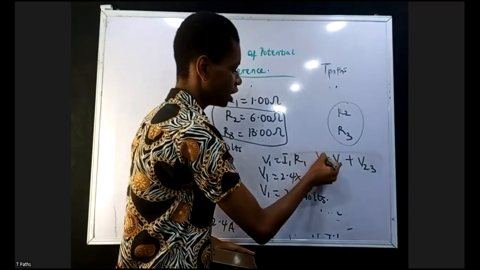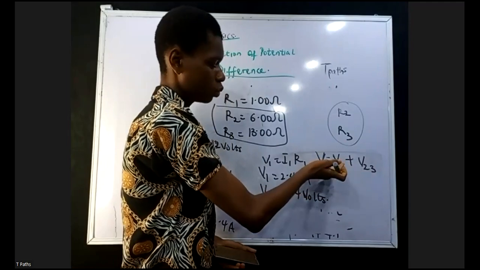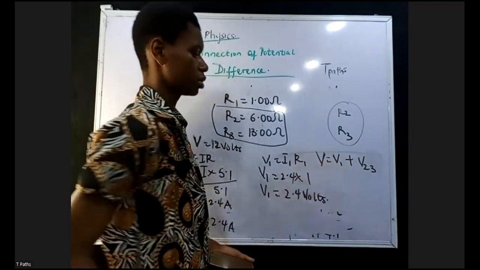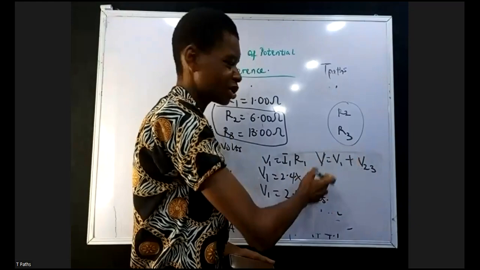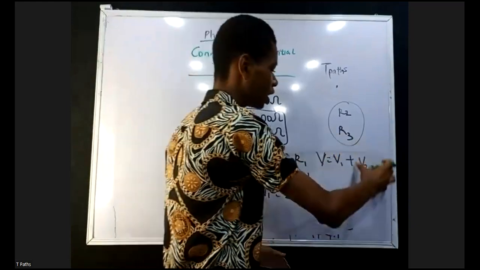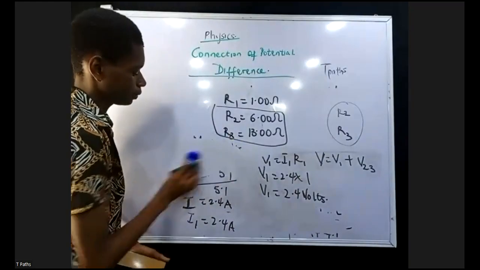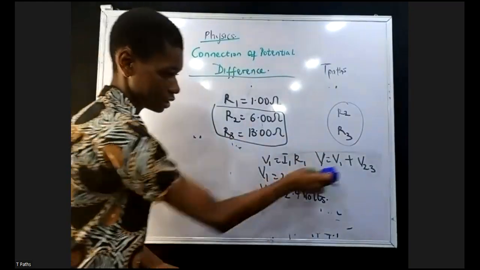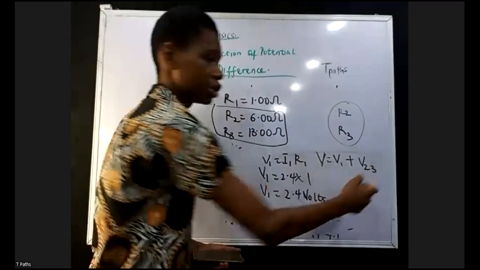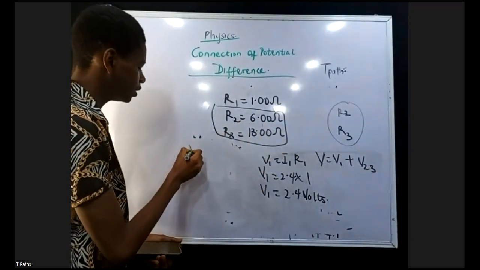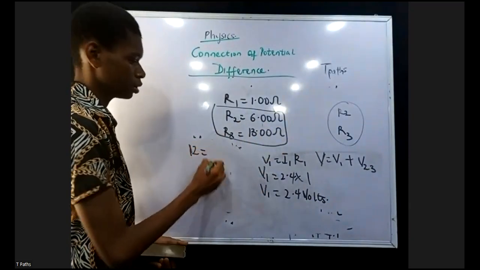So the net potential difference of the circuit is equal to the potential difference across resistor 1 plus the potential difference across resistor 2 and resistor 3. Now what I want to find is the potential difference across resistor 2 and resistor 3. My V is 12 volts.